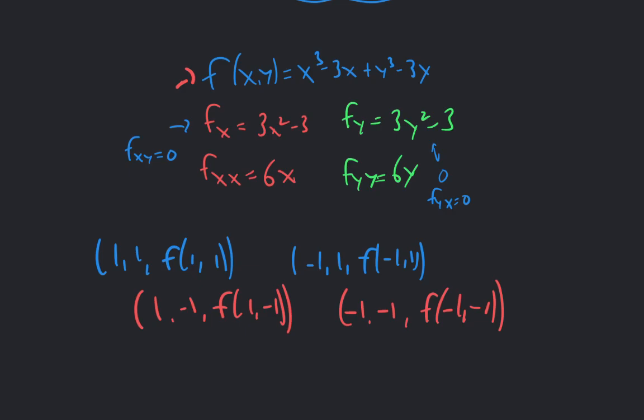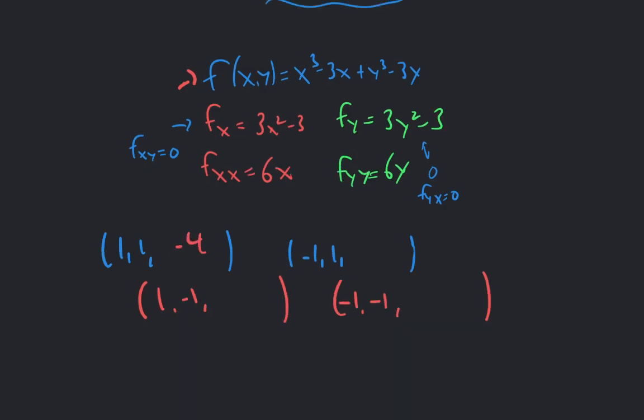Let's do that real quick, actually. 1 cubed minus 3 plus 1 cubed minus 3, so 1 plus 1 is 2, minus 6, minus 4.